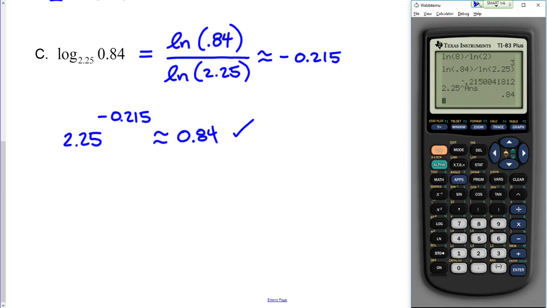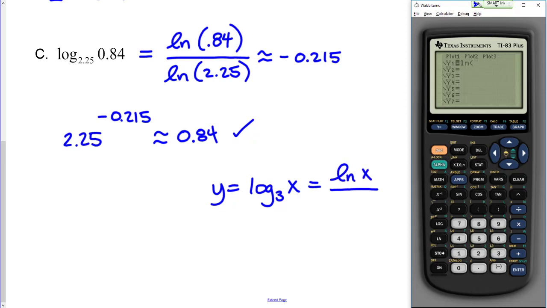One other thing I want to mention before we move forward, if you're graphing logarithms of different bases, then you also have to use the change of base formula. So let's say you want to graph y equals log base 3 of x. In order to do that, you have to write it as the natural log of the original argument divided by the natural log of the original base.